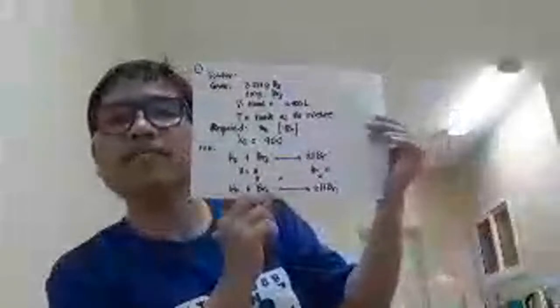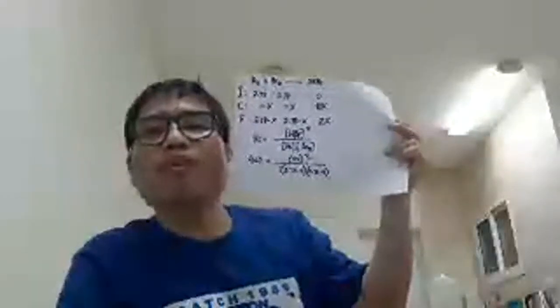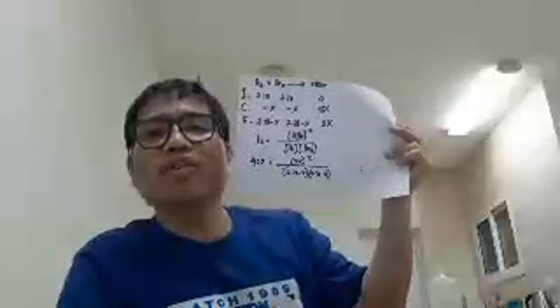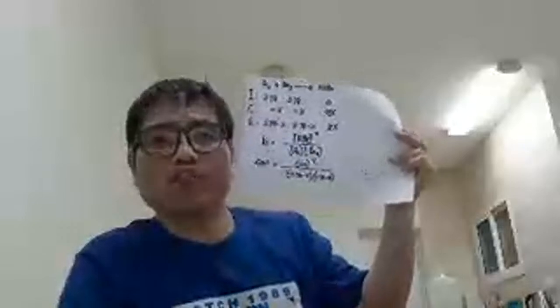But we have Kc in our given, right? The equilibrium constant is 400. We need to put this 400 in our equilibrium constant expression formula. Do the mathematical operation and you can solve for x, which is the molar concentration at equilibrium.